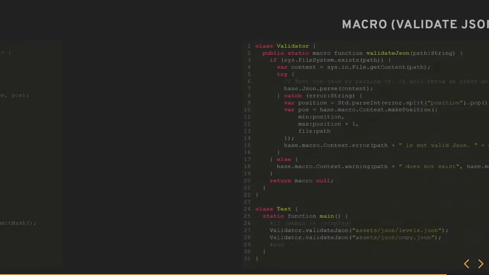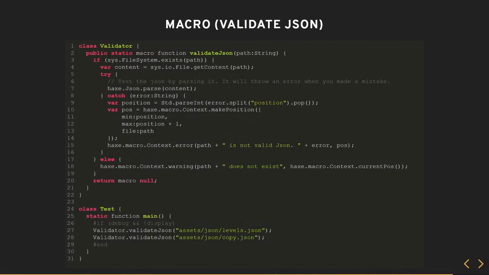Nope. All right. Here's another compile time little feature. For example, you're working on a program and it has some configuration stored as JSON files. It would be pretty neat if you could validate them at compile time as well. It's a similar pattern.